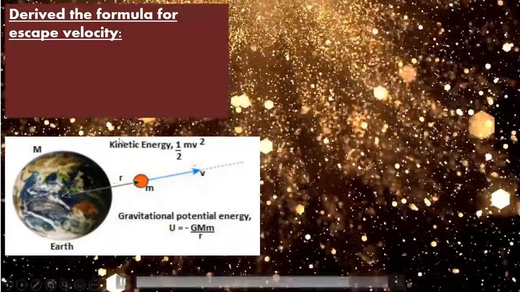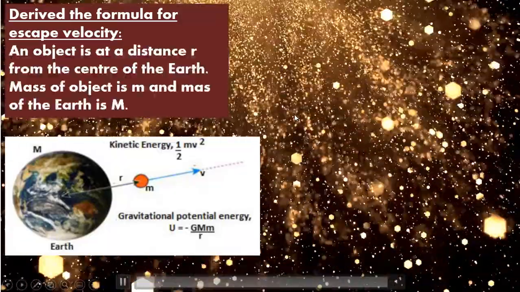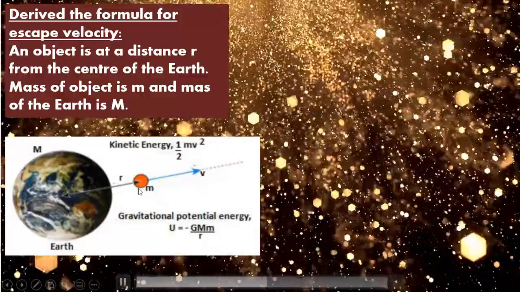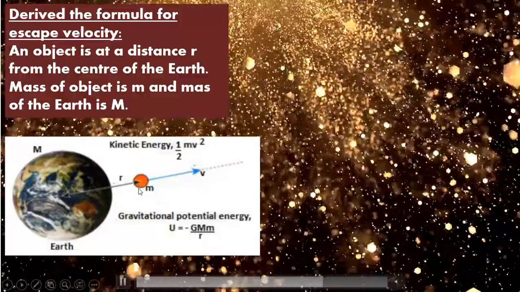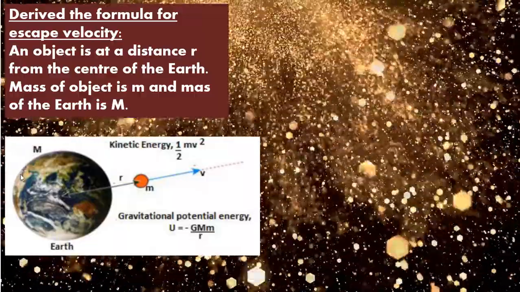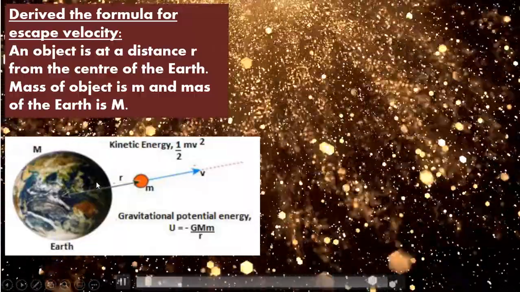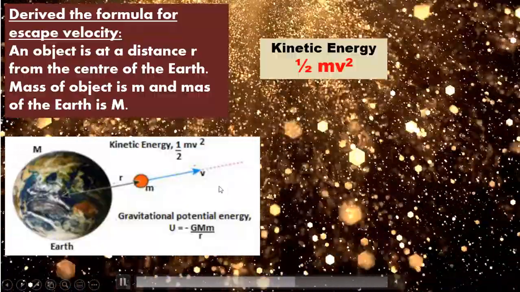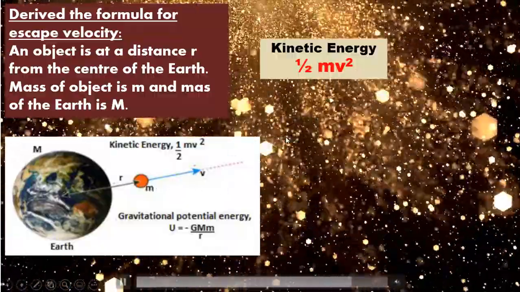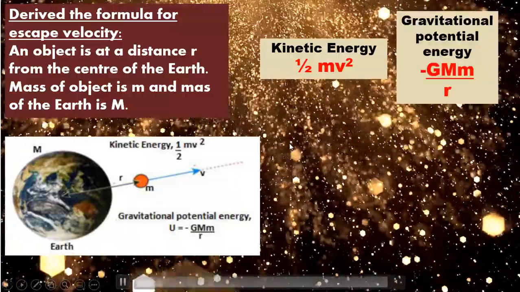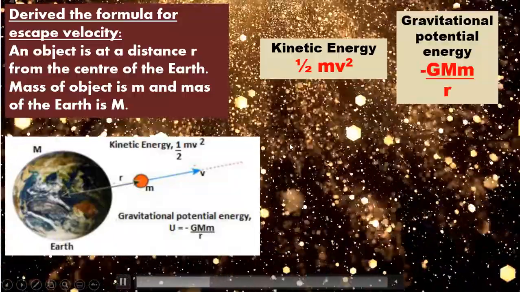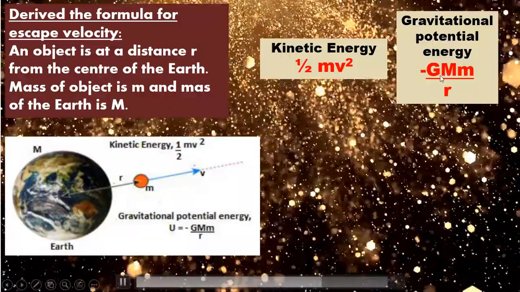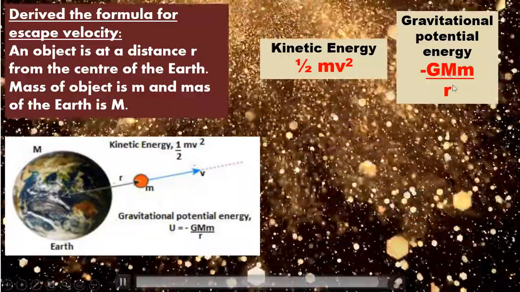We have an object at a distance r from the center of the Earth. The mass of the object is m, and the mass of the Earth is capital M. The kinetic energy of the object is half mv squared. The gravitational potential energy of the object is given by minus GMm over r.